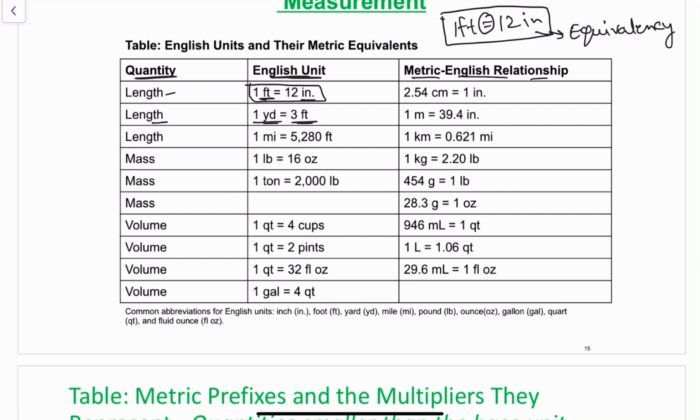If we talk about the relationship between metric and English, we see 2.5 centimeters equals 1 inch, 1 meter is 39.4 inches. That means meter is a metric unit, inch is an English unit, right? So we can also compare the numbers between the metric and English systems, right?